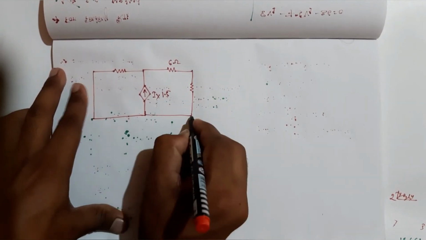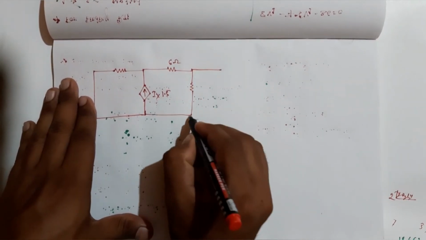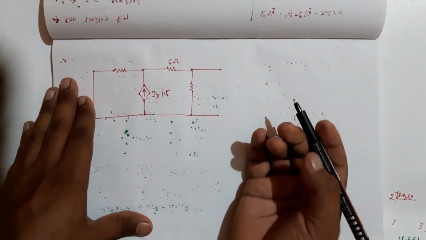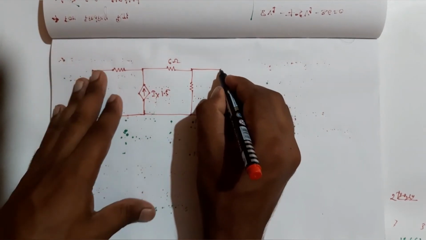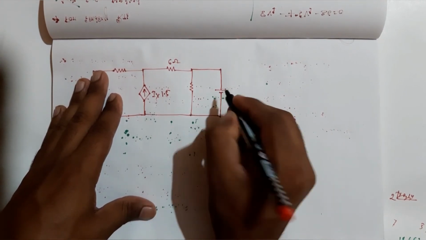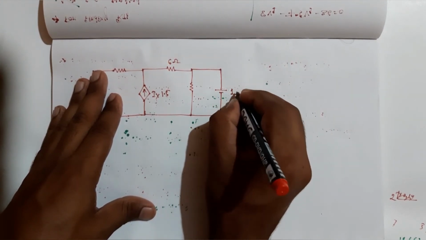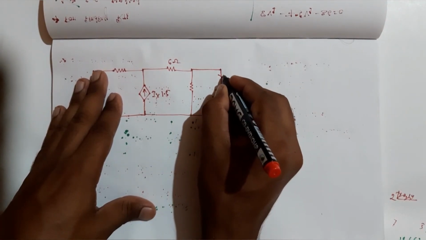In this method we are going to connect a dummy voltage source or current source, either your choice. Here we connected a voltage source like 1 volt. Here 1 volt is present. We need to find that much current.